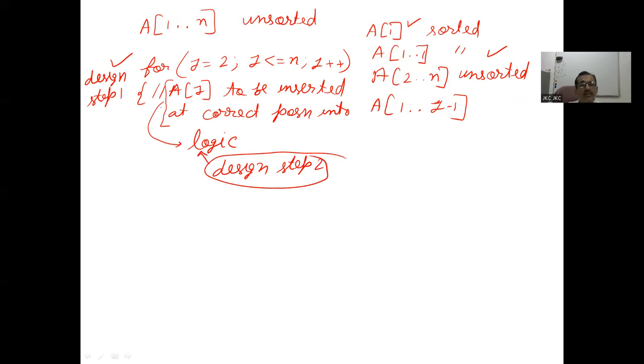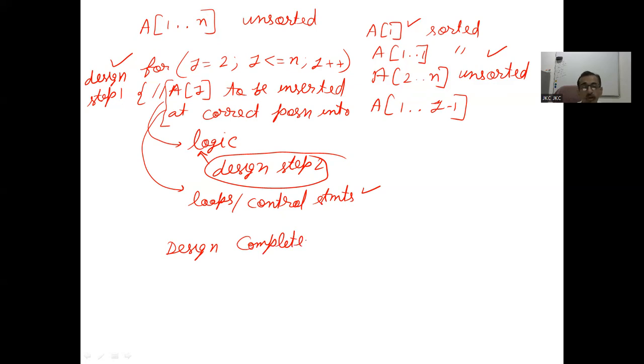When I am able to write this also with all loops and control statements, and all corresponding logics more or less is verified to be correct, I will say, yes, the code will be ready, design will be ready. So this is what we call the design of the solution. For the time being, I am not going to go into more detail of design. As we already know, insertion sort we have already implemented in the last semester. So I will say, fine, let's go into the coding part.